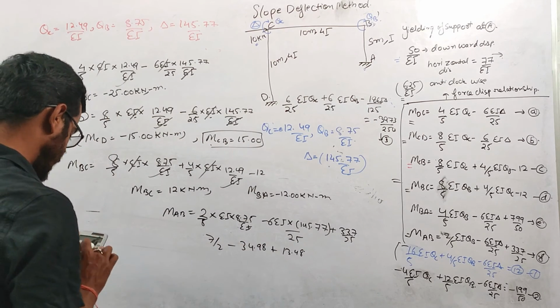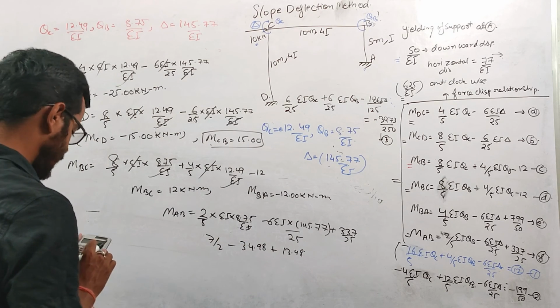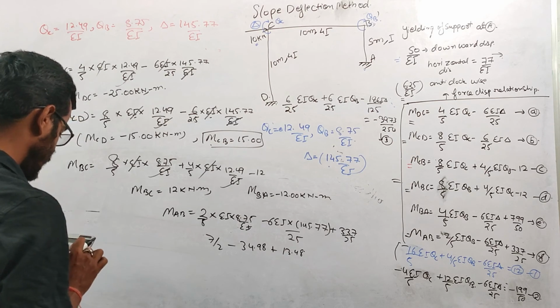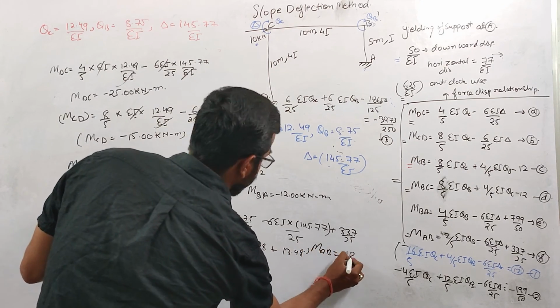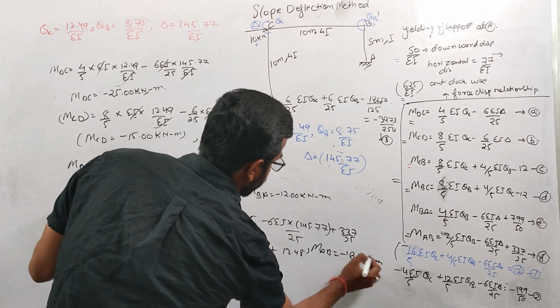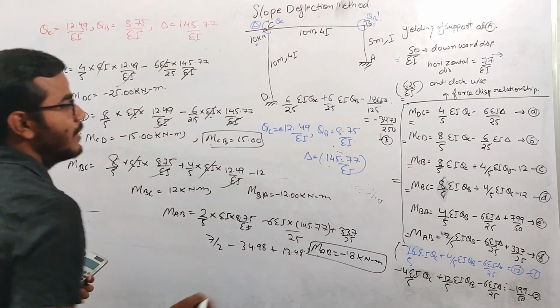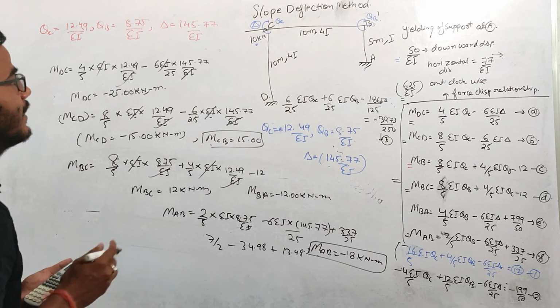So minus 34.98 plus 7 divided by 2, MAB is minus 18 kilonewton meter. Okay, so we have calculated all the end moments at the ends of the members.